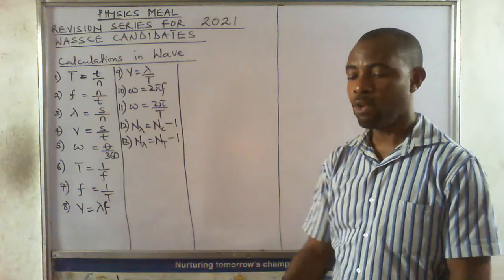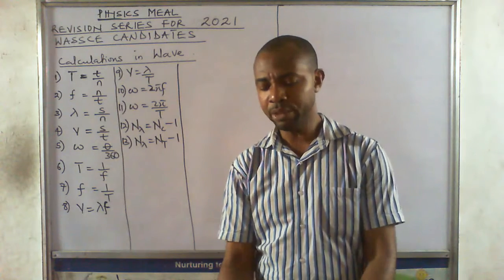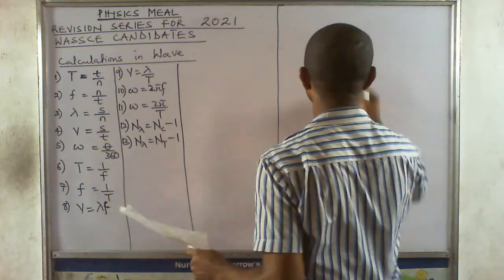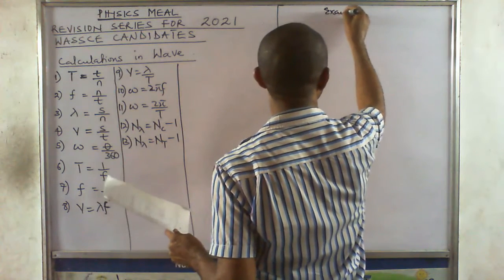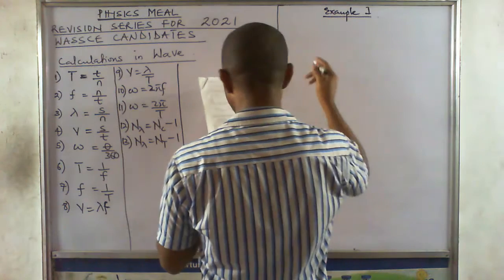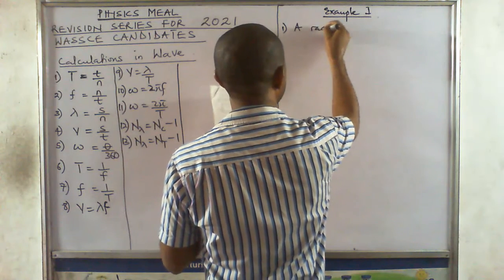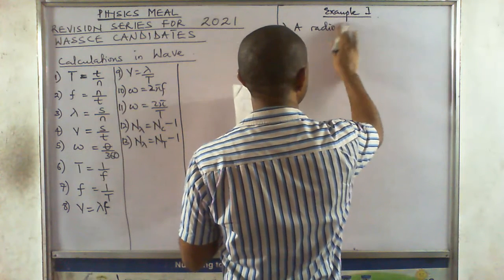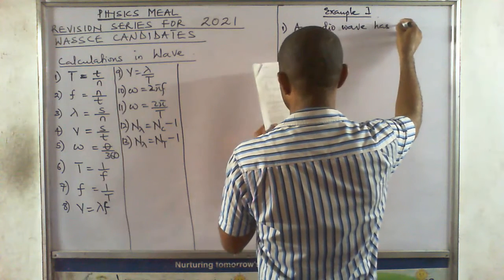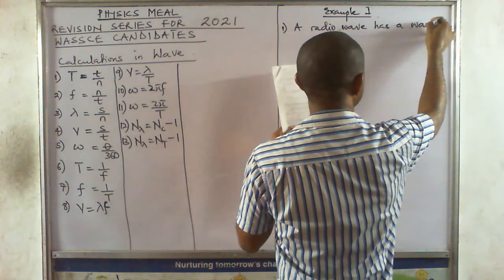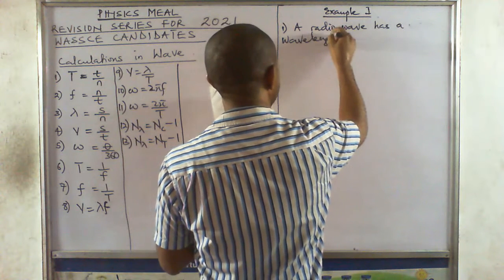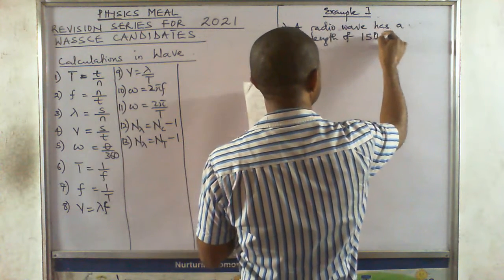Let's take one question quickly, a very simple one, then we'll move on. So let's look at example 1. A radio wave has a wavelength of 150 meter.